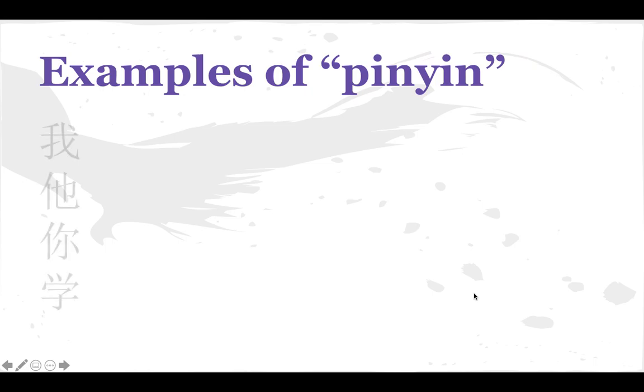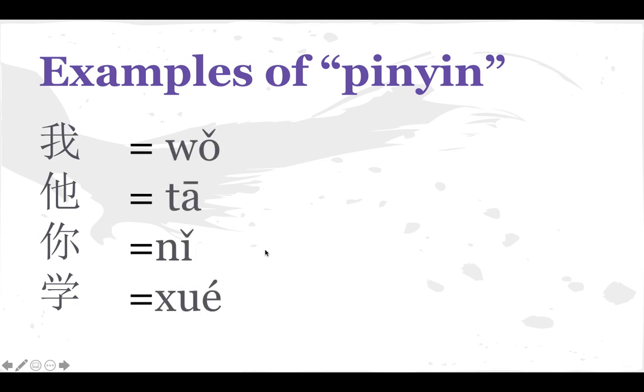Okay, so here are some other examples. We have these 4 characters in Chinese, and before knowing Pinyin, we don't know how to read them. So Pinyin is provided, and then we can understand how to read each word correctly.